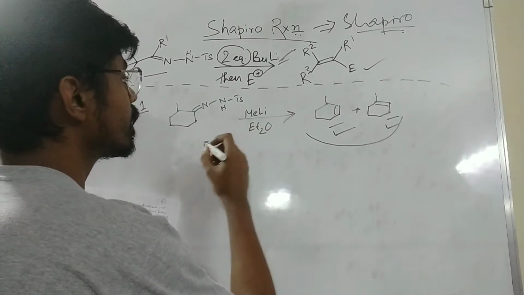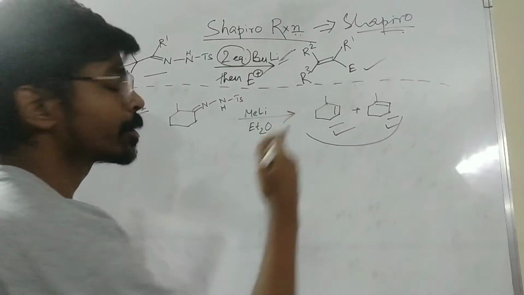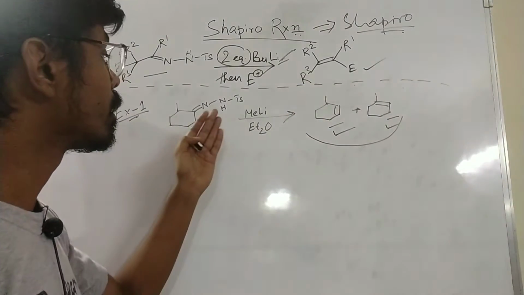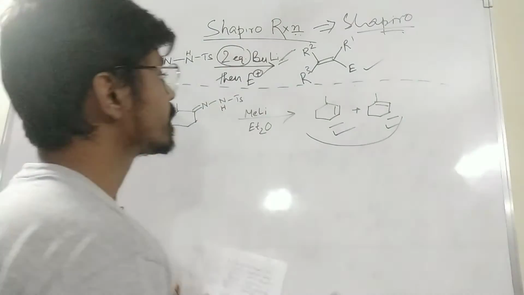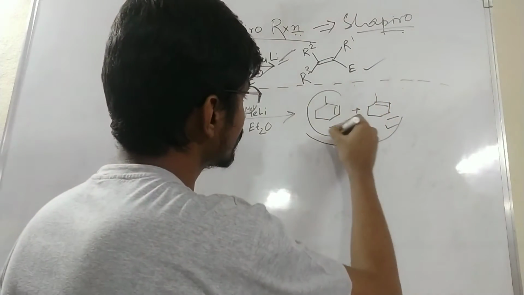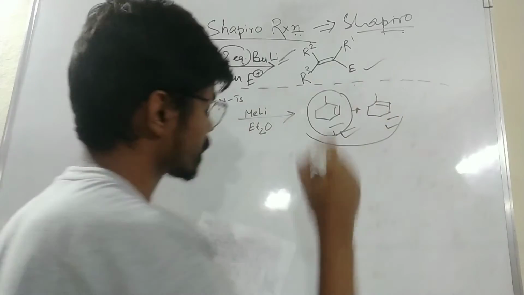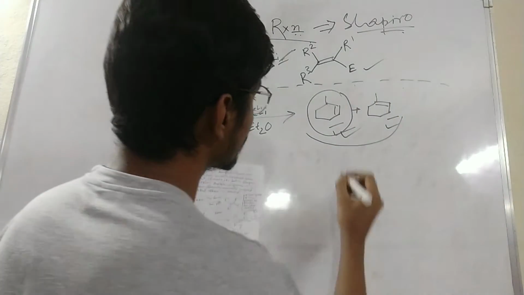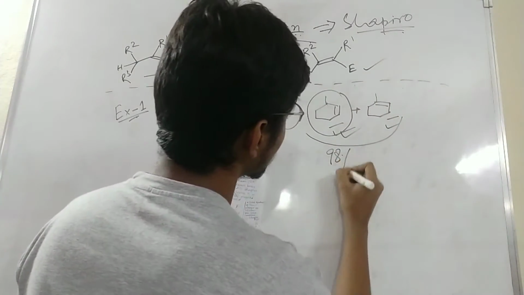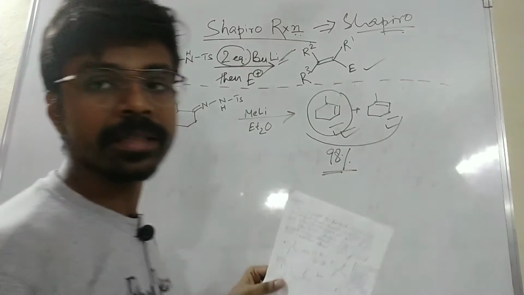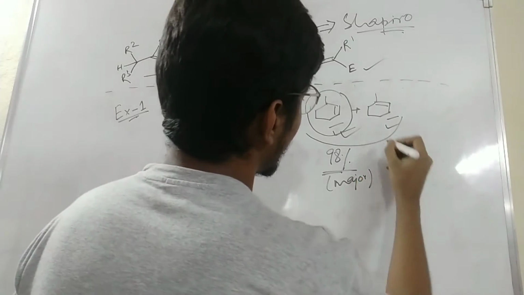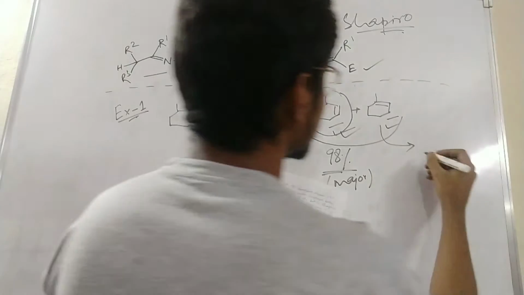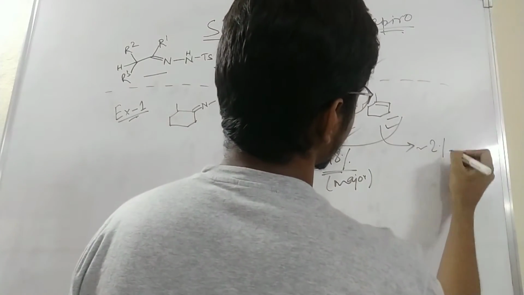If we use alkyl lithium as base, then we will get this one as the major product, forming about 98%. And this one, which is more substituted and thermodynamically preferable, forms around 2%.